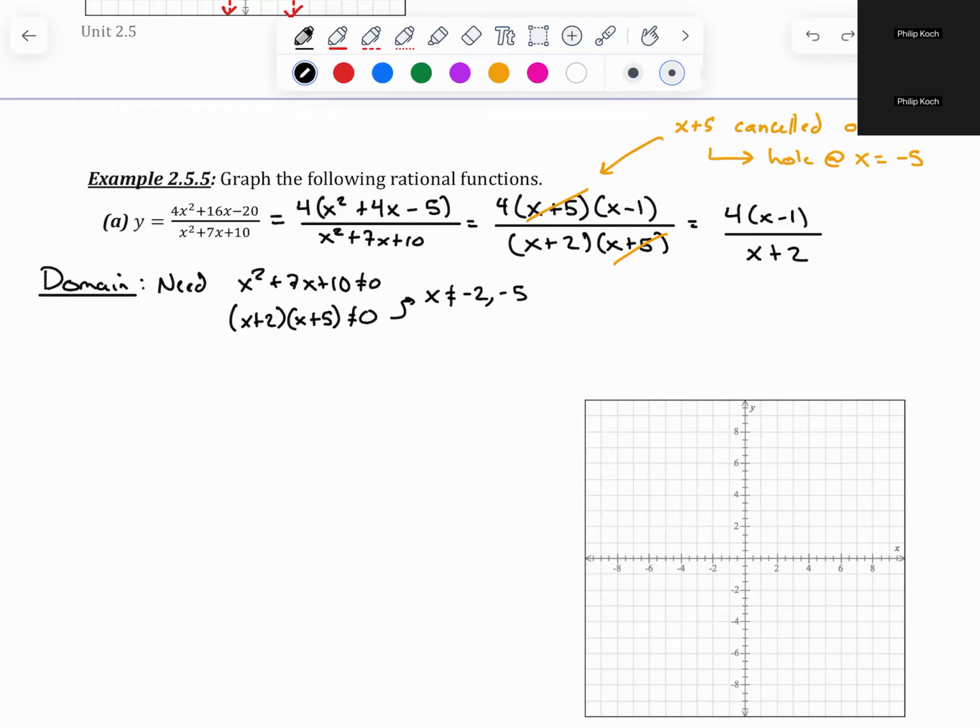And I think we've seen enough of these that we don't need to draw the number line anymore, but if you still need to do that, go right ahead. But the domain is therefore parenthesis -infinity to -5 parenthesis, union parenthesis -5 to -2 parenthesis, union parenthesis -2 to positive infinity.